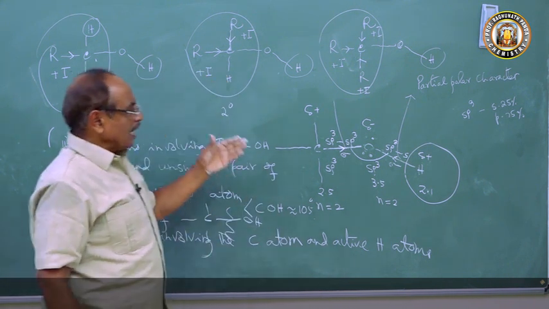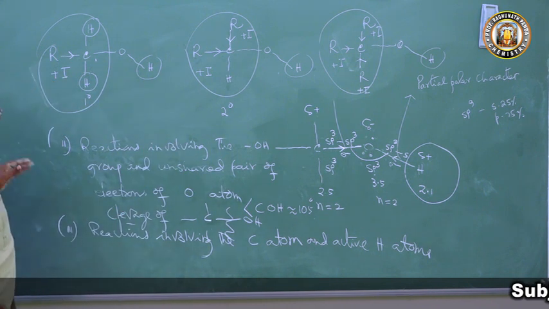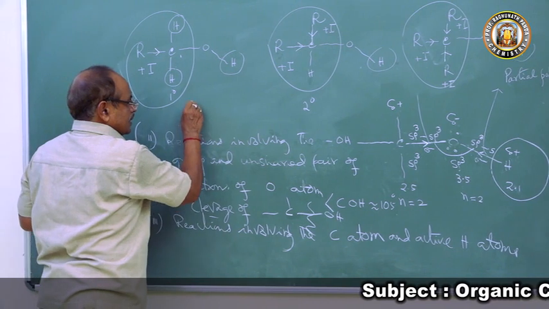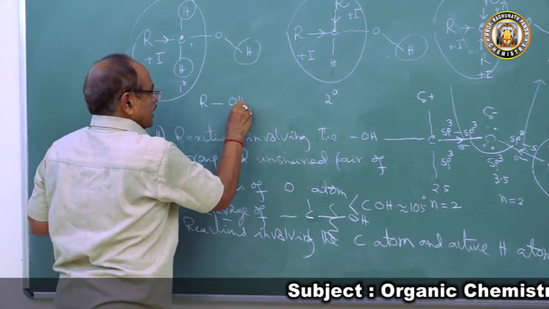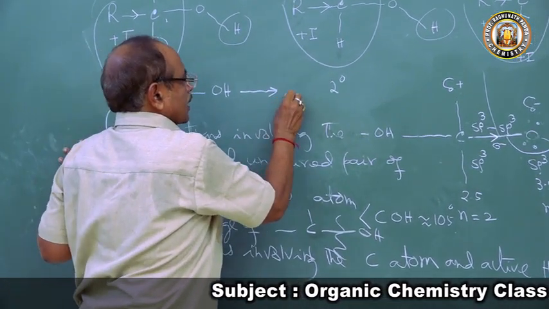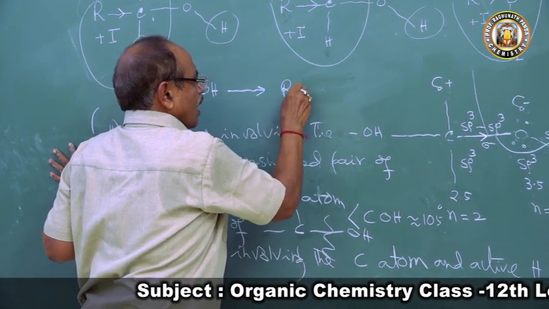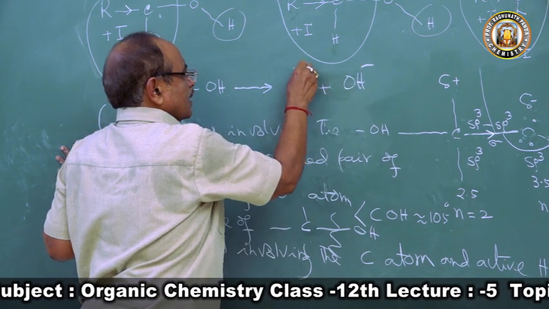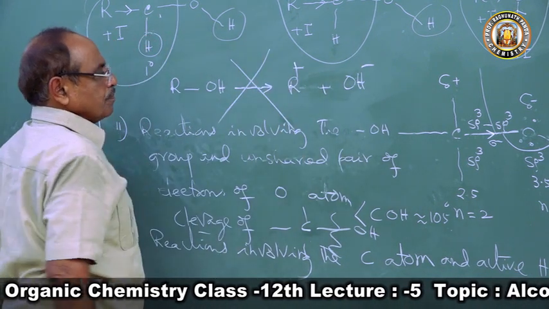ROH is a hydroxy derivative of alkane, but this reaction is not possible. Alcohol will not form R plus and OH minus. This reaction is not possible.